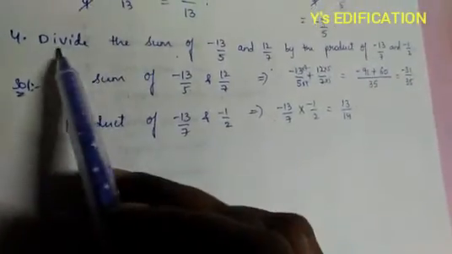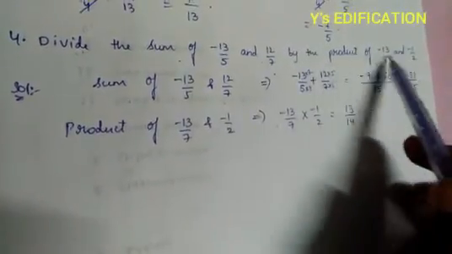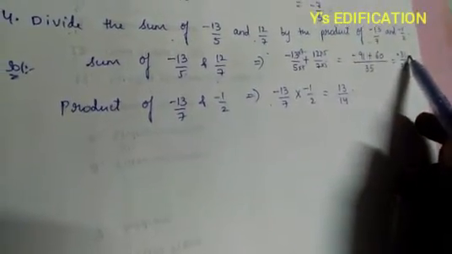Next, what we have to do? Divide the sum of these two numbers by the product of these two numbers. That means we have to divide minus 31 by 35 by 13 by 14.